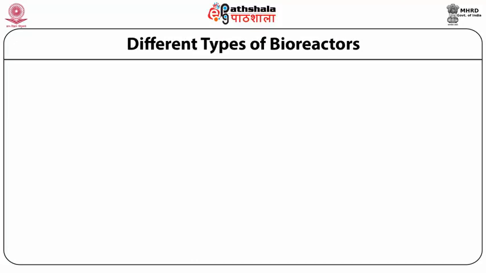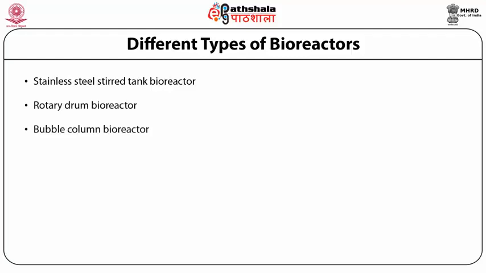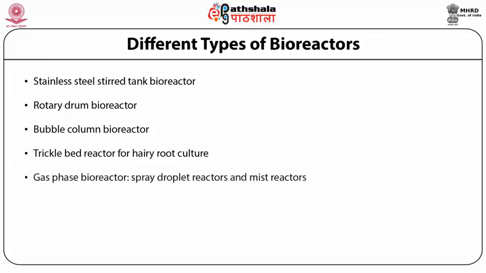Just to list the types of bioreactors which have been reportedly used, there are stainless steel stirred tank bioreactor, rotary drum bioreactor, bubble column bioreactor, and trickle bed reactor, which is used for hairy root culture. Then there are gas phase bioreactors, spray droplet reactors and mist reactors, and balloon type bubble reactors.